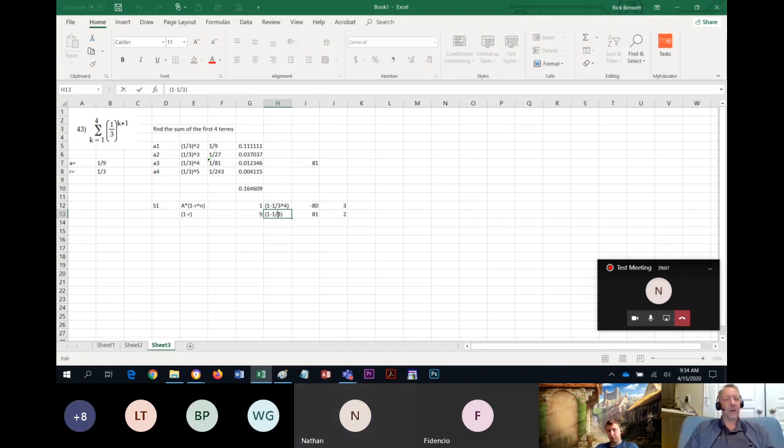No, wait, 1 minus r. 1 minus 1/3 is 2/3, right? And so the top part of the fraction, isn't it 1 minus 1 over 81 times 1? So 1 minus 1 over 81 is negative 80 over 81, right? Except this is giving me a negative number. Why am I getting a negative number?